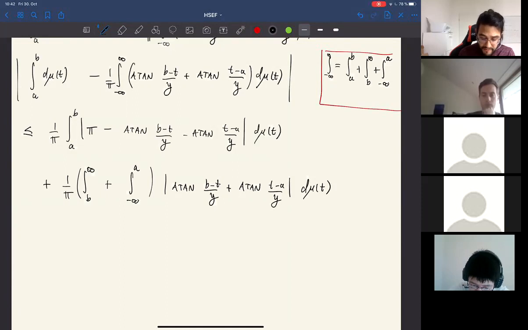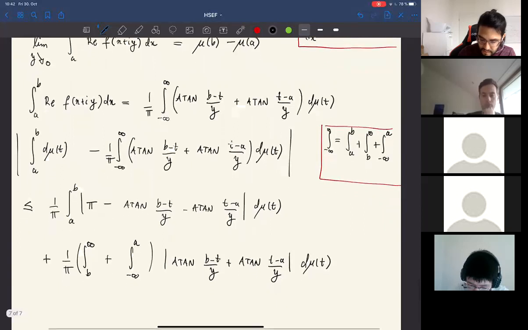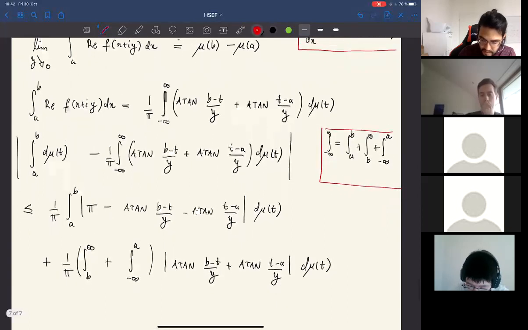Let me draw here the graph of the arctangent. What's the graph of the arctangent function?